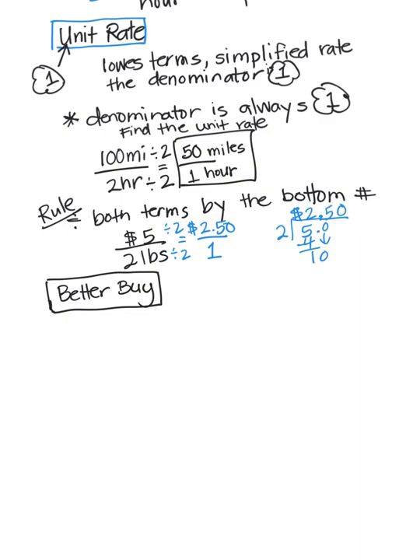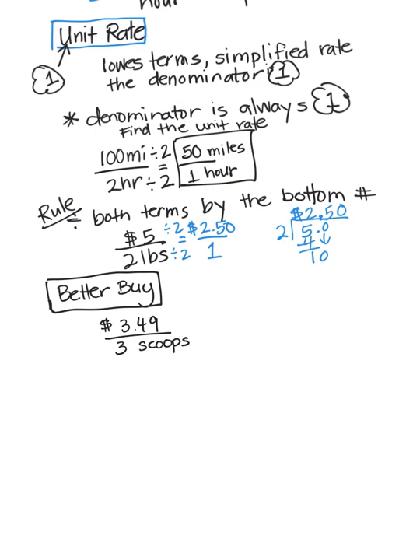So let's say that you went to the ice cream store. Hopefully when all this is over, we can all go get ice cream. And let's say they had 2 different options for you. The first option was that you could pay $3.49 and you would get 3 scoops of ice cream.